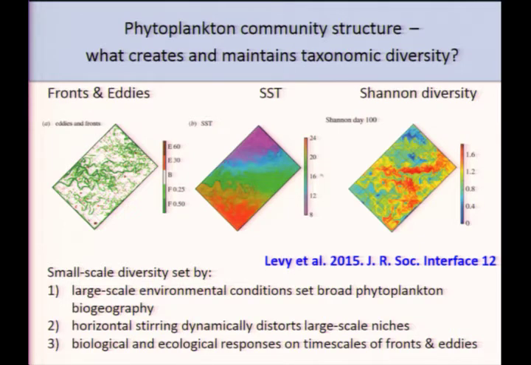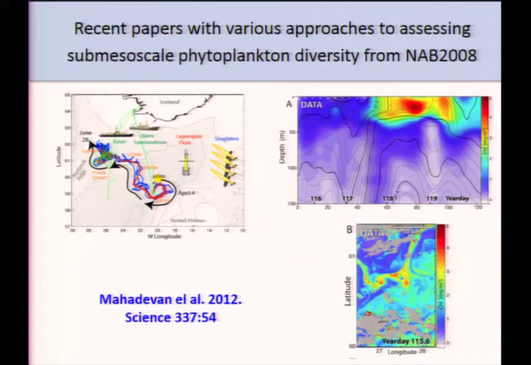Horizontal stirring dynamically distorts the large scale niches, and biological and ecological responses on the time scale of fronts and eddies are controlling this diversity. Now, one of the points that they made in this paper is that there are relatively few real data sets that allow you to examine that.